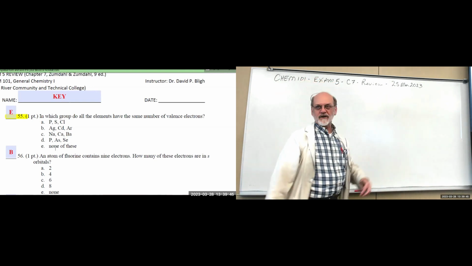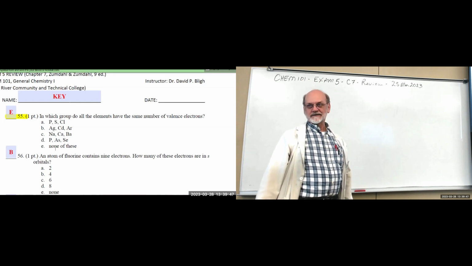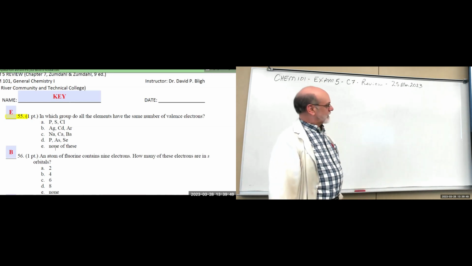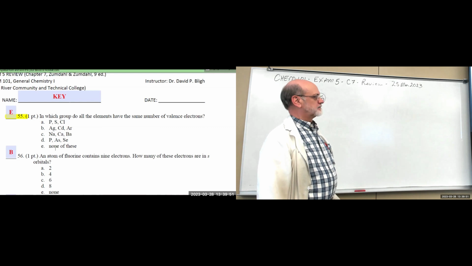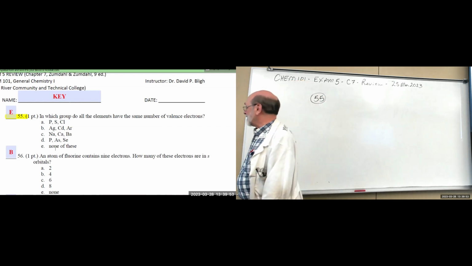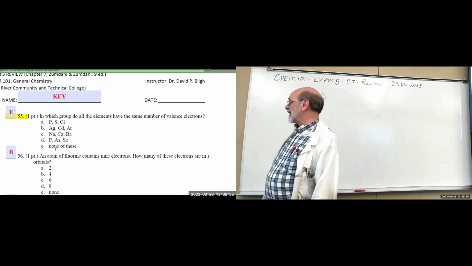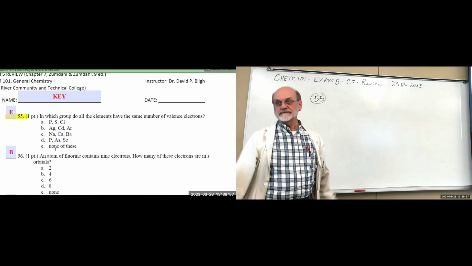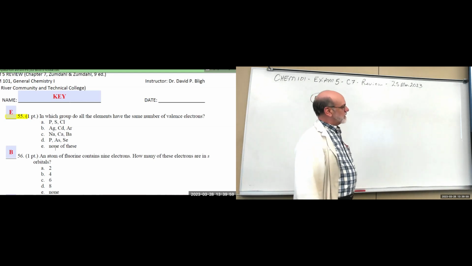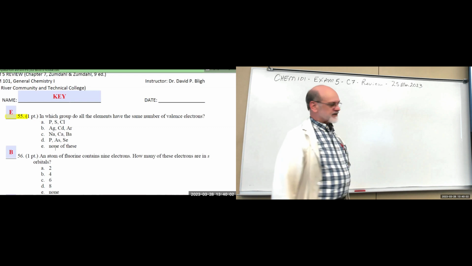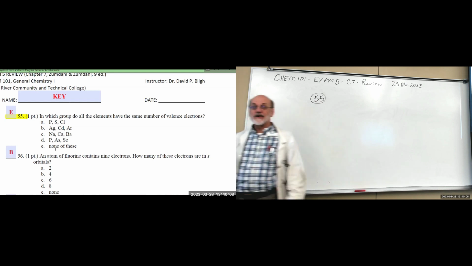None of those others are noble gases, are they? So it can't be B. How about sodium, calcium, barium? Well, sodium's an alkali metal. Calcium and barium are alkaline earths, so can't be them. Phosphorus, arsenic, selenium. Phosphorus, arsenic. Oh, we were doing good until we got to this one. All right, so none of them.